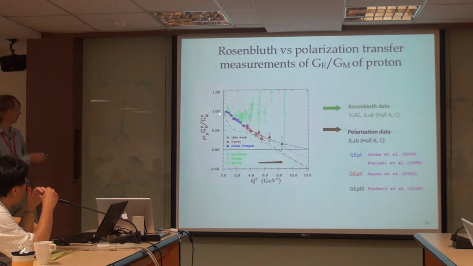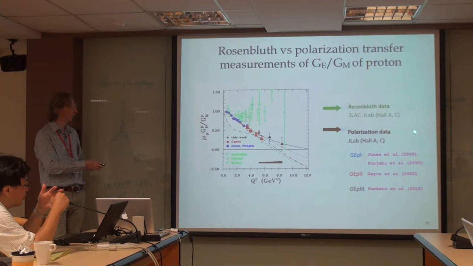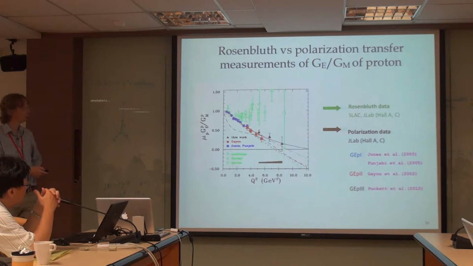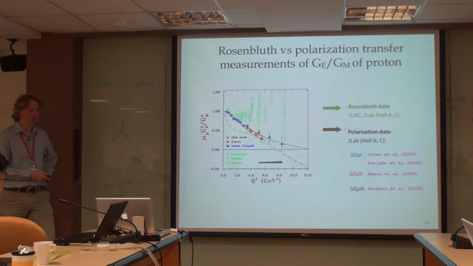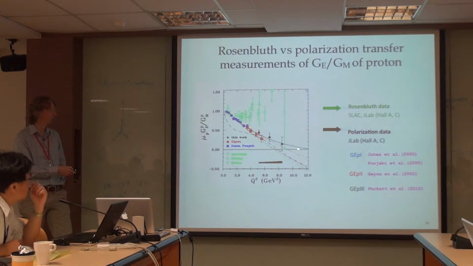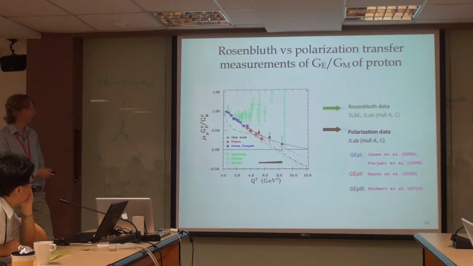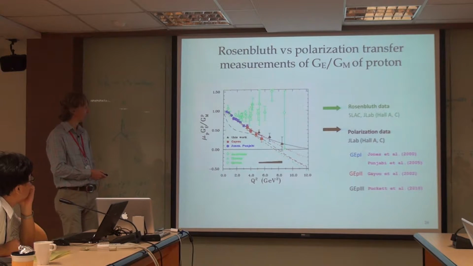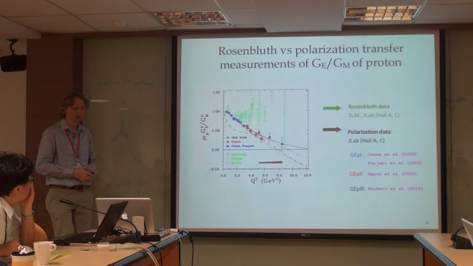Now these measurements here, all the colored ones and the black ones, they are these measurements of polarization observables with this recoil polarization technique. And one basically sees a steady decrease of this electric form factor relative to magnetic form factor, nearly crossing 0 here at a virtuality like 8.5 GeV squared. So now this of course has puzzled people quite a lot, because they're the same observables, so they should agree within errors, and it's definitely not the case.